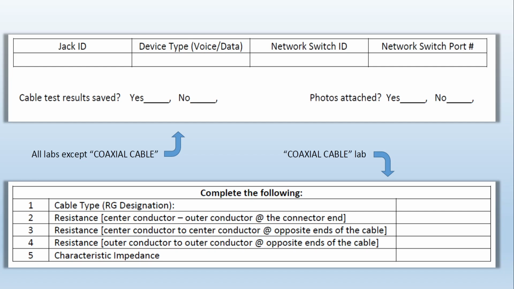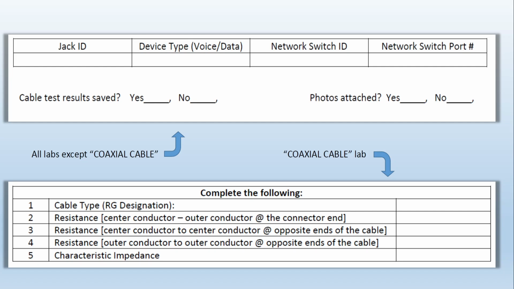That's because some of the labs do not involve cable testing. So always say the truth. The people who receive the deliverables, if they see yes here, will be looking for attachments or anything that has those test results. If you say something that's not true, let's say you don't have any test results but by mistake you put yes, they're going to have to stop what they're doing and spend extra time looking for those test results.